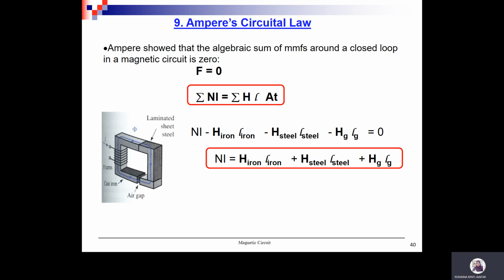So what is Ampere's circuital law? Ampere shows that the algebraic sum of MMF around a closed loop in a magnetic circuit is 0. This is actually the same as in electrical circuit analysis, where you have KVL. The application and the steps are the same as KVL.